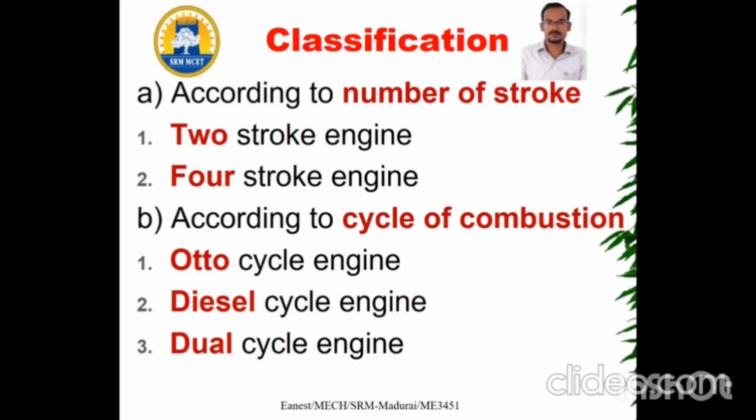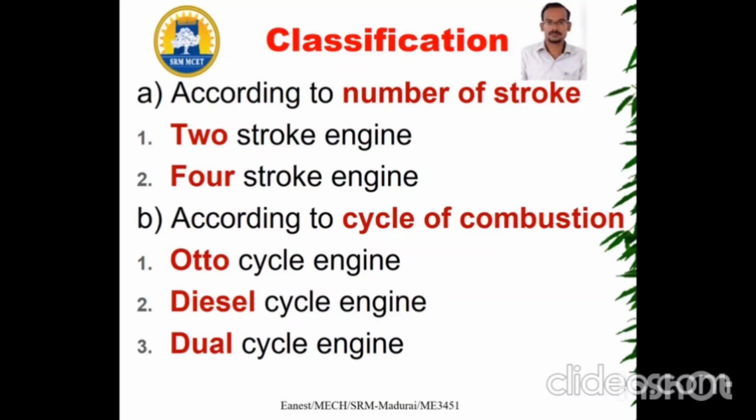Based on the combustion, there are the Otto cycle engine, diesel cycle engine, and dual cycle engine. The Otto cycle engine is also known as the petrol engine, and the two-wheelers come under the category of the Otto cycle engine, whereas four-wheelers also fall under Otto or diesel cycle engines.